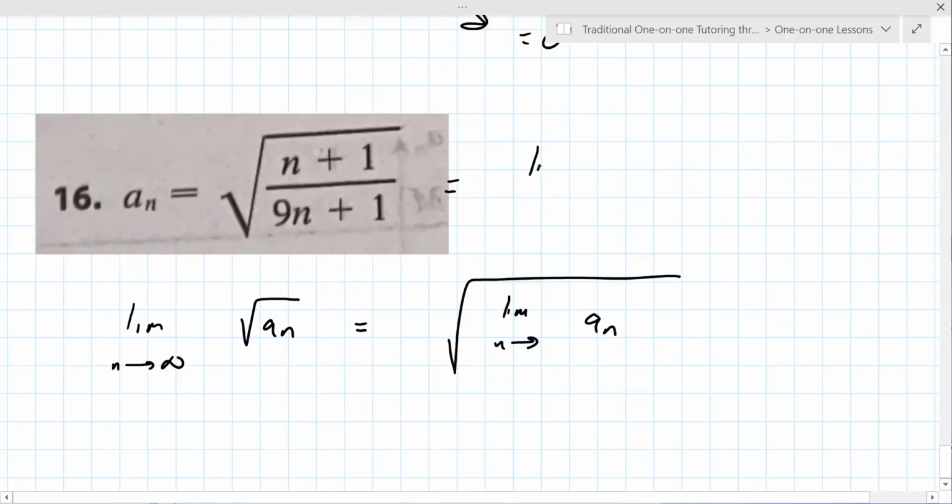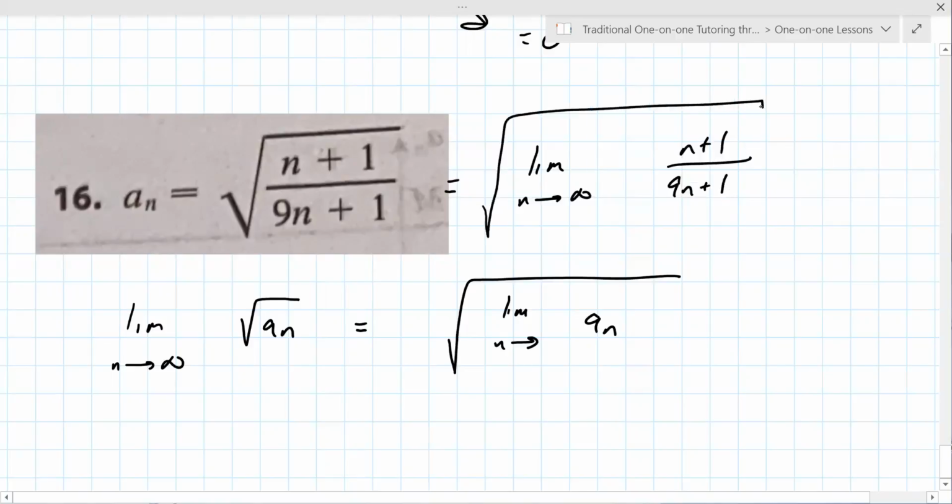You just take the limit as n goes to infinity of (n plus 1) over (9n plus 1), and once you figure that out, you take the square root of it. This inside part is like one of those early ones we did where the degree of the numerator is the same as the degree of the denominator. So this inside part becomes 1/9, and then you take the square root of that, and you get 1/3.